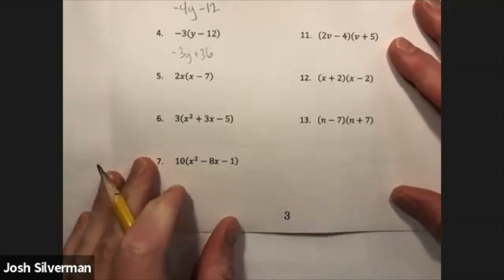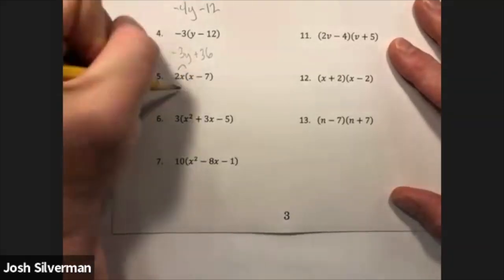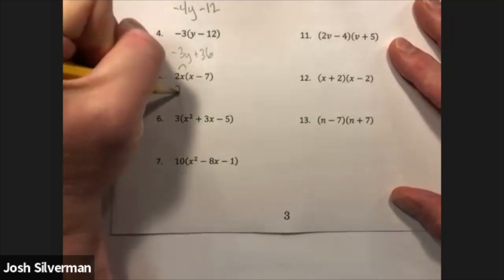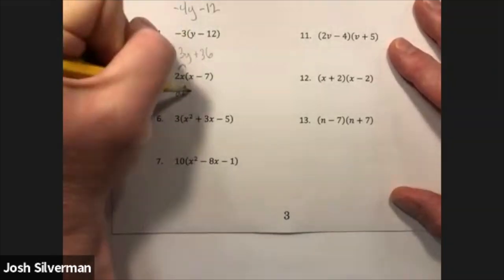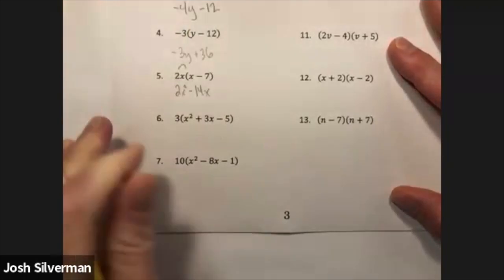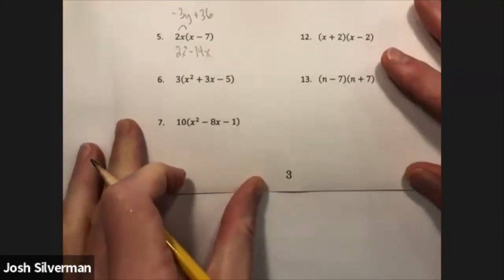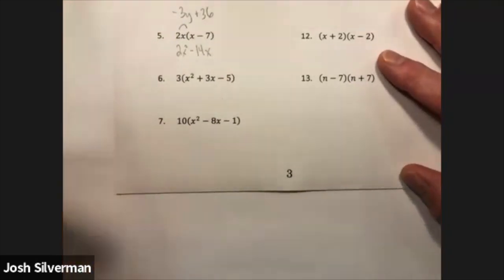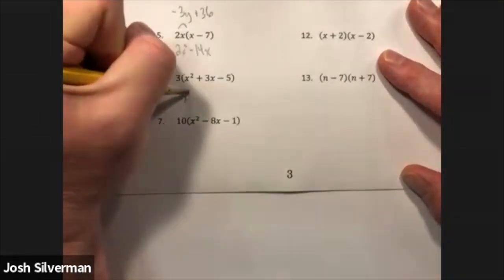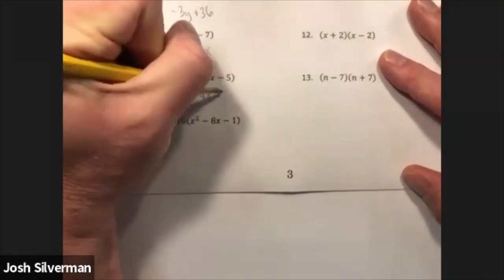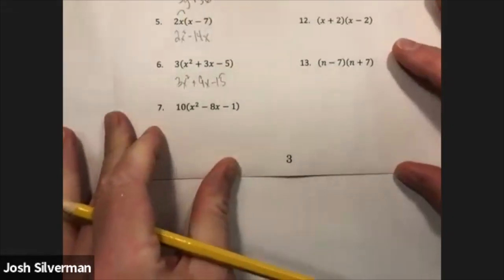For the variables, we do it the exact same way. 2x times x, that's 2x squared. 2x times 7, that's minus 14x. 3 terms on the inside, we do it the exact same way. 3x squared plus 9x minus 15. These are still really easy.